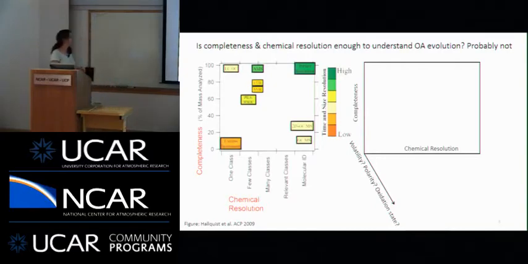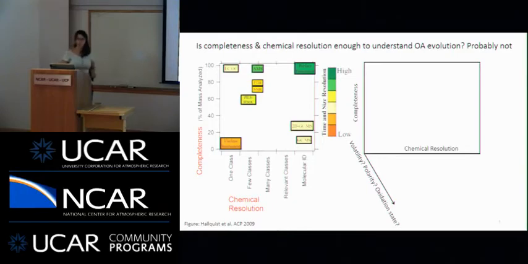I think we are now after volatility information, potentially polarity or oxidation state information. And the challenge here is that we want to measure these different axes, and we want to understand the material well enough that we can gain some chemical insight onto the system, and then perhaps even go and take it and put it into a model and really see if we can change our understanding of atmospheric chemistry.